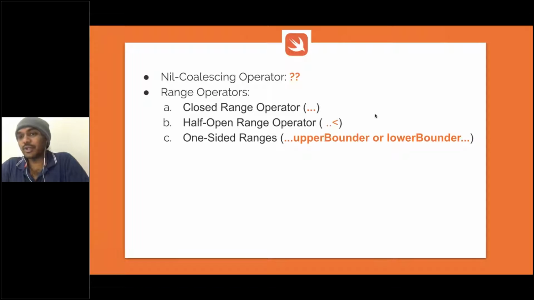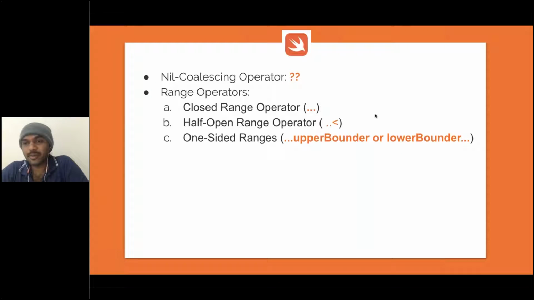Then what is something new in Swift? There are a few specific operators, which we call the nil coalescing operator, which is indicated by two question marks. So the double question mark is the nil coalescing operator.